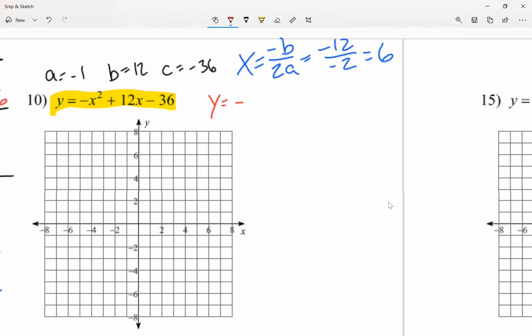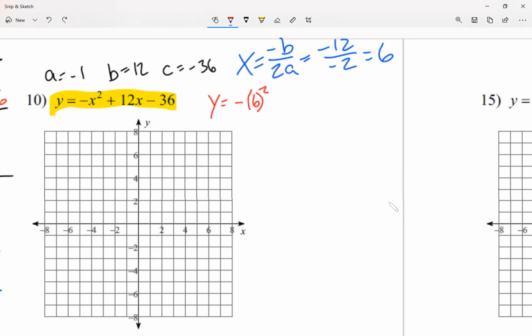So inside parentheses here, I'll put the 6. I'm not going to square a -6. I'm going to square the 6 first, and then I'll deal with the negative. The reason why I said the negative has nothing to do with the squared is that if I wanted it to be in the squared, I would have added parentheses there.